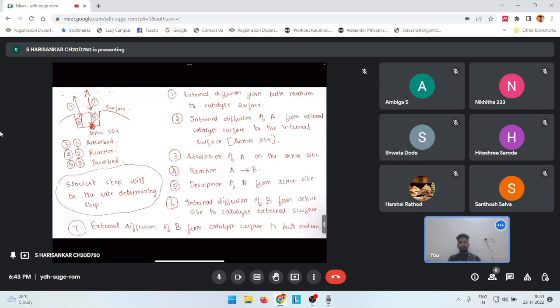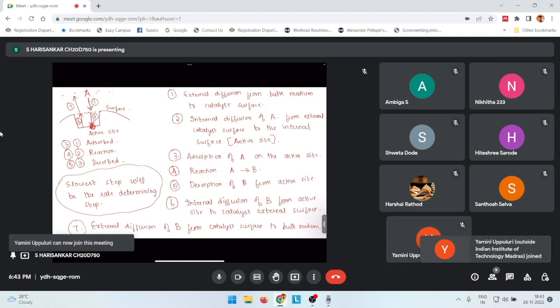Okay. So you have 7 different steps. Whatever step is the slowest step, that will be the major contributor towards the overall rate of your catalytic process. Or in other words, the slowest step out of these 7 steps will be your rate determining step for the catalytic reaction.